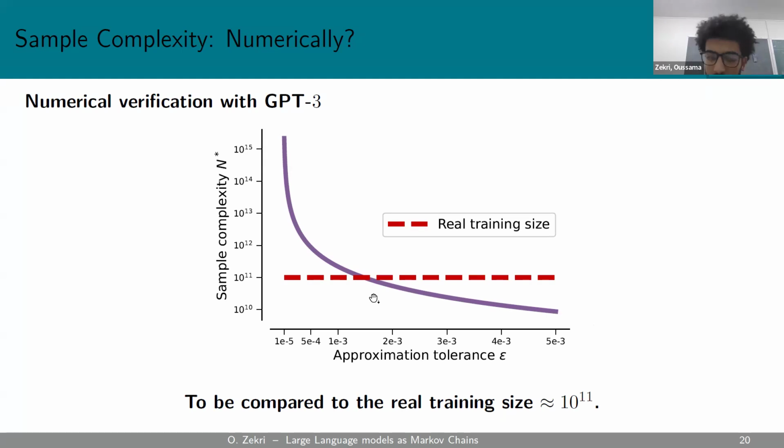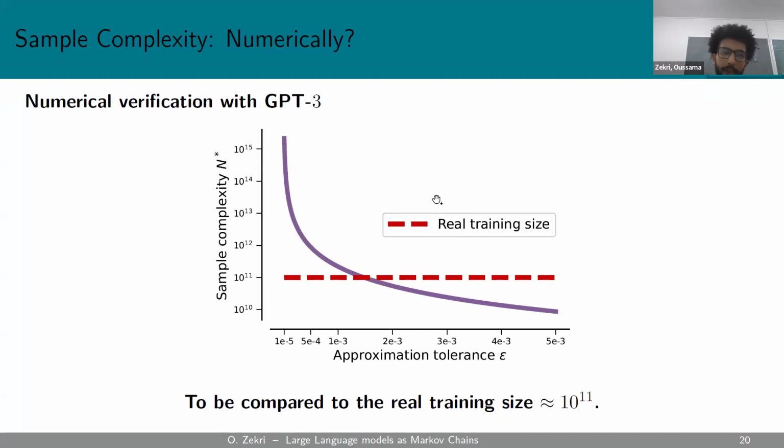So we can say GPT-3 has a tolerance around 10 to the power -3, in this range. This is quite cool: you derive a theoretical bound, and when you verify it on real models, it is coherent. That was a really cool thing to notice.